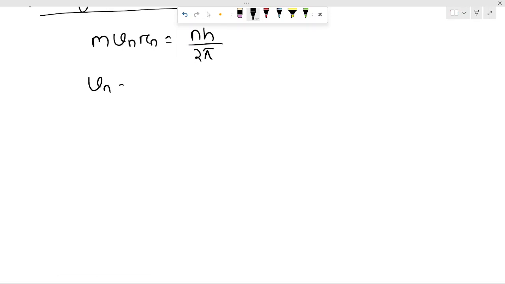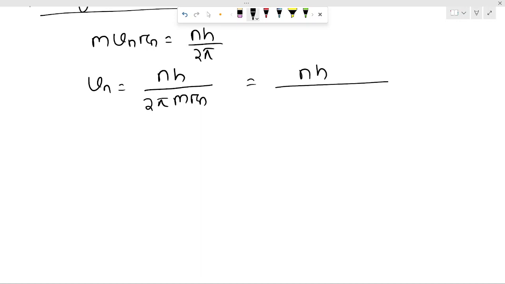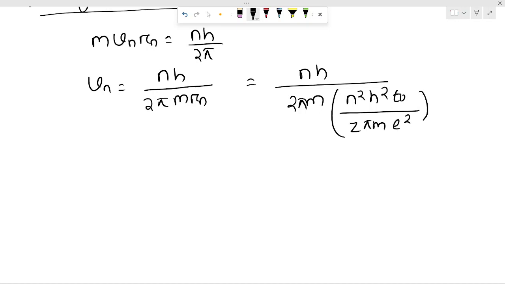So Vn becomes nh upon 2 pi m Rn, isn't it? Further, nh upon 2 pi m into the Rn expression, that is n square h square epsilon naught upon z pi m square. We have the expression from equation 3, and we have put it here.